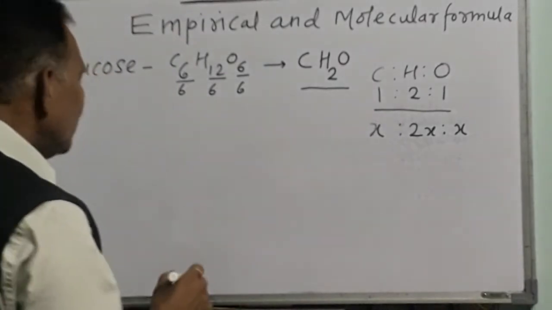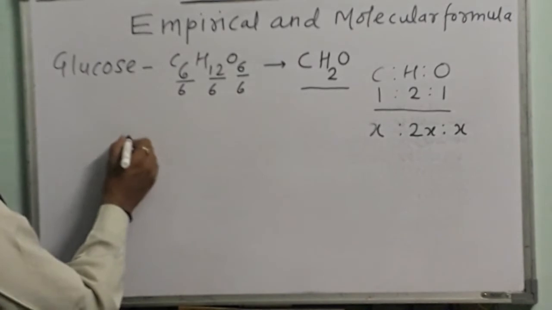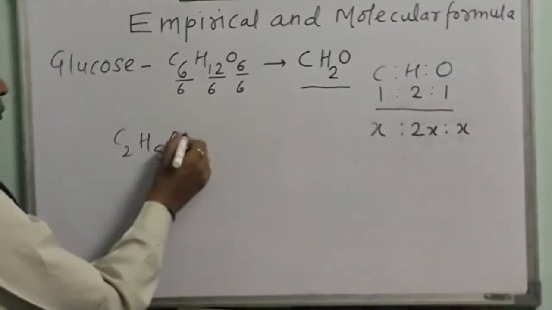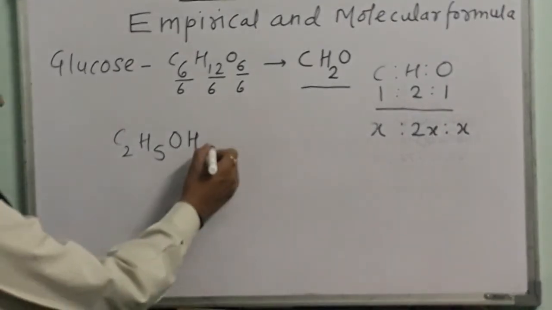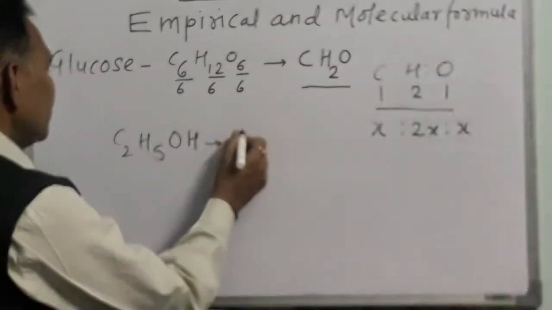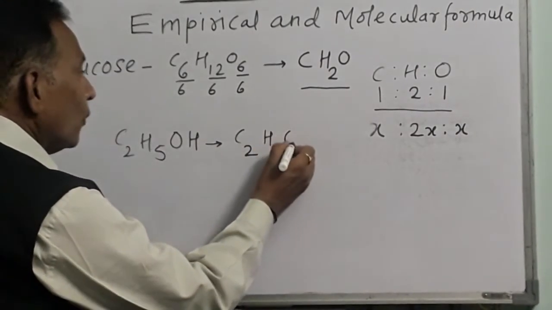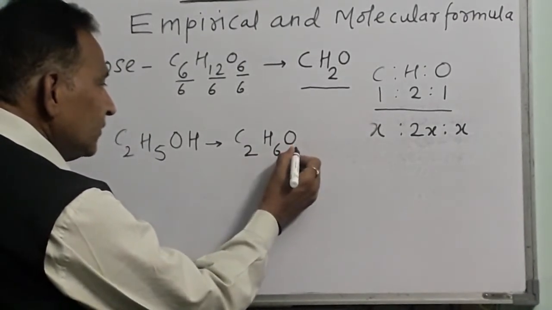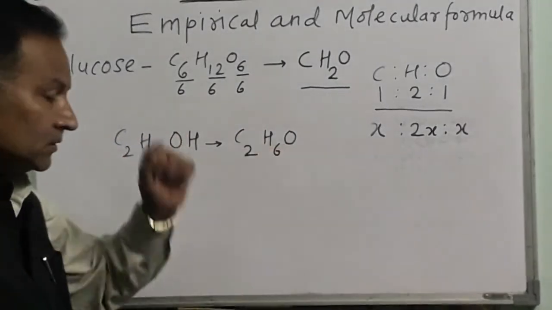Now see one more example. C2H5OH, this is ethyl alcohol. If we reduce this in terms of a formula, we can write C2H6O. Here, nothing written means 1, so one atom of oxygen is present.